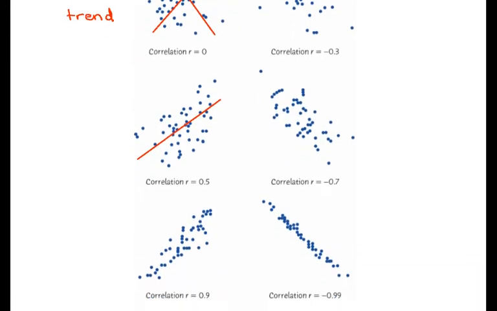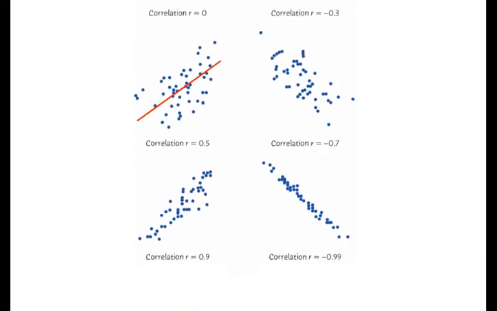This would be a correlation of 0.5 because we do see a linear trend, but it's not a very strong one. We might call it a weak to moderate linear association, but it is a positive association because we can see that as the explanatory variable increases, the response variable tends to increase also.